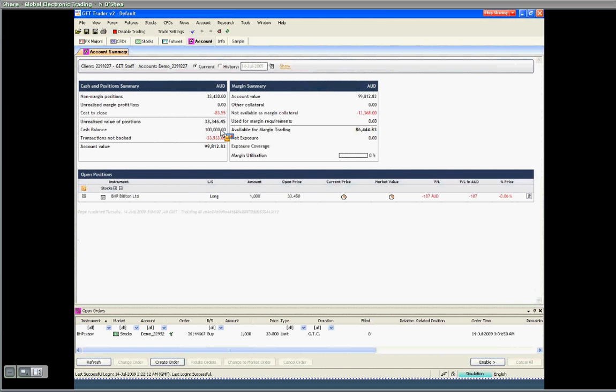In the lower section of this page, we have our open positions. We're currently long or bought BHP Billiton, 1,000 shares, which is the one we did earlier, at 33.45. The clocks represent delayed data. If you have live data on a live trading platform or an open account platform, then you will have current prices there.